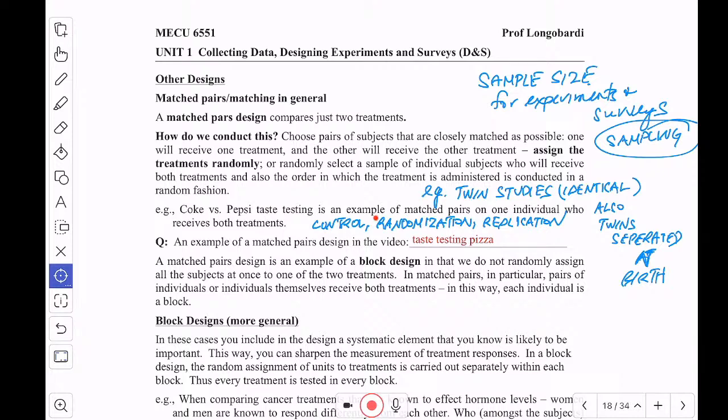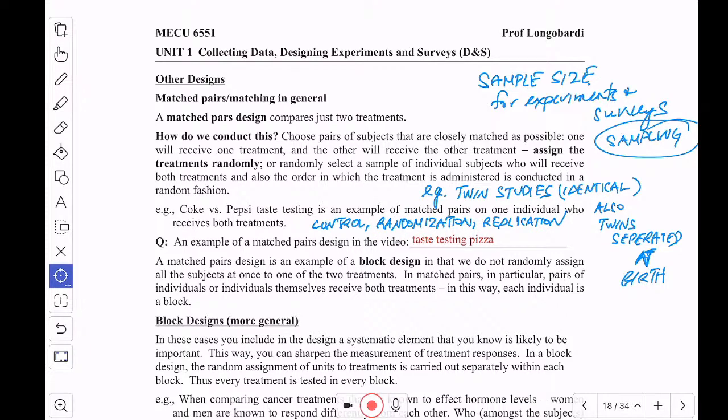Because they are the same, right? From drinking one can to drinking the other, the person didn't change. It's an identical person, except that they had the other can. So we have to do something to ensure that the order in which the cans were sampled or tasted does not affect the response. So we're going to randomize.